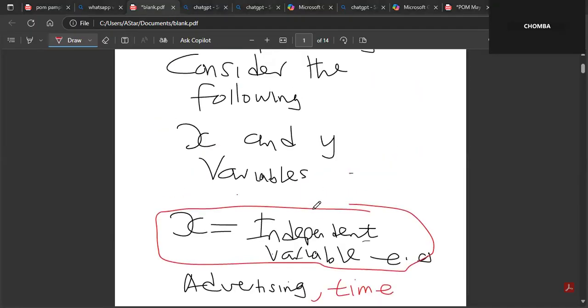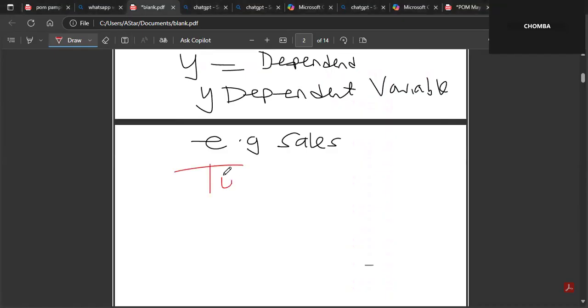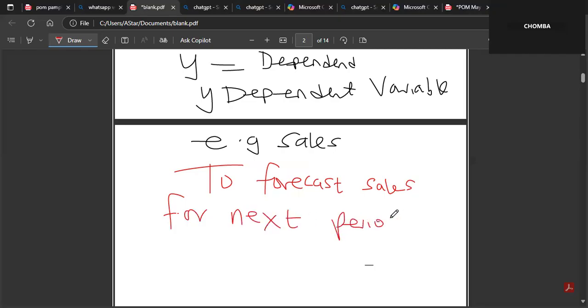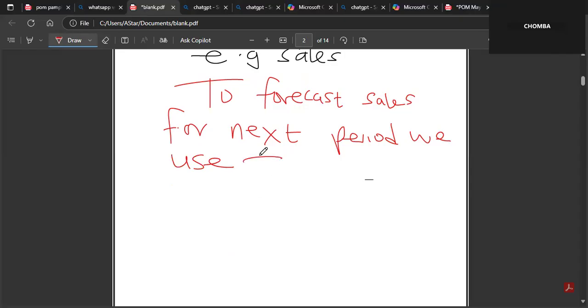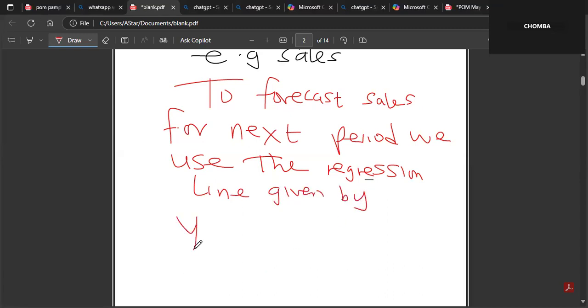To forecast the sales for the next period, we use the regression line, given by Y is equal to alpha plus BX.